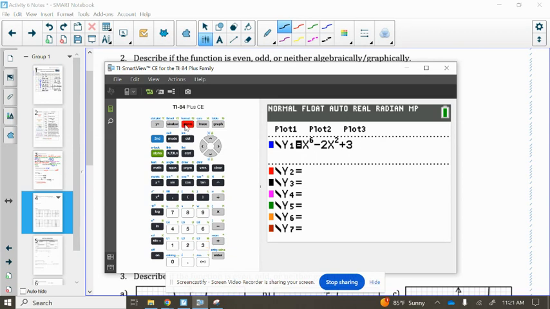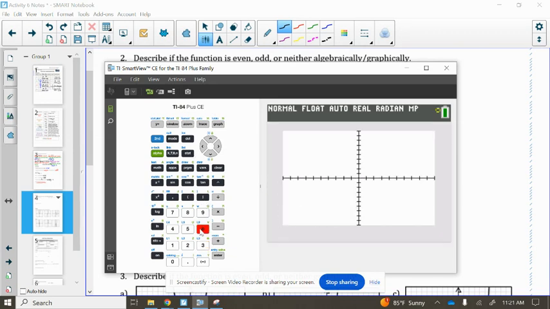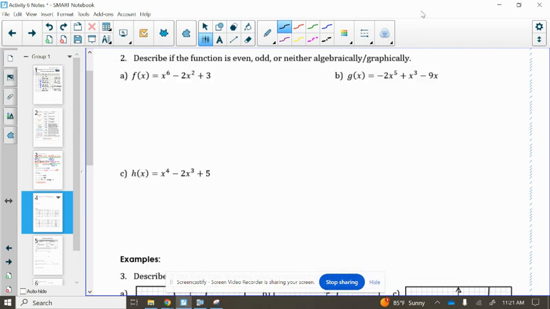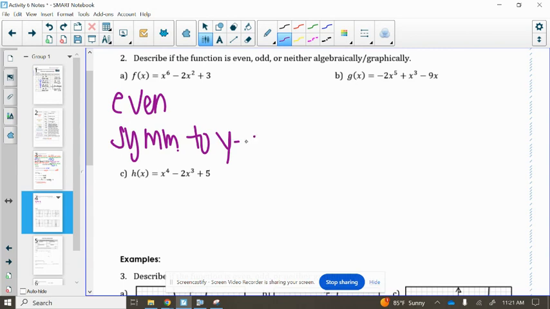If we look at this graph, we notice we can fold it over the y-axis and it maps onto itself, so we would say this is an even function because of the symmetry to the y-axis.